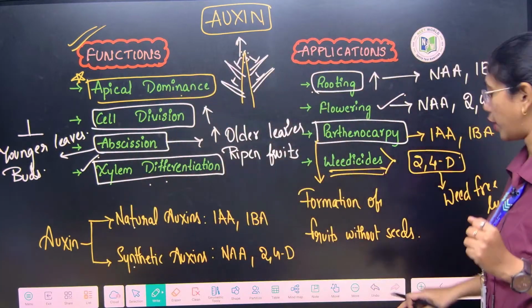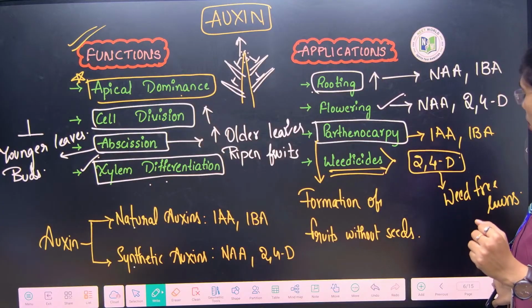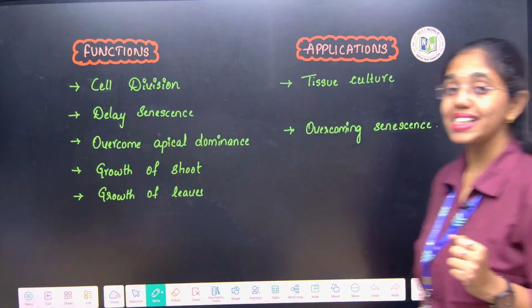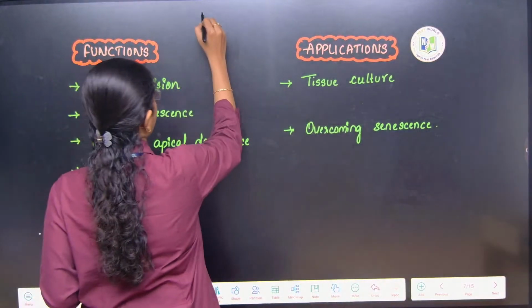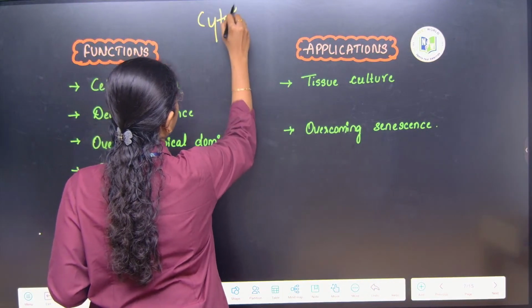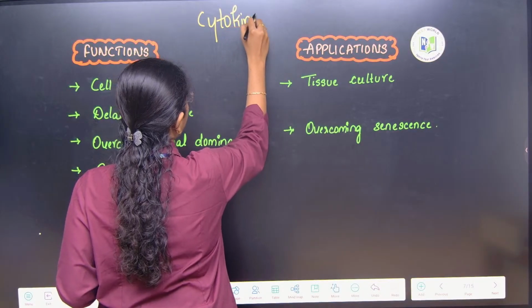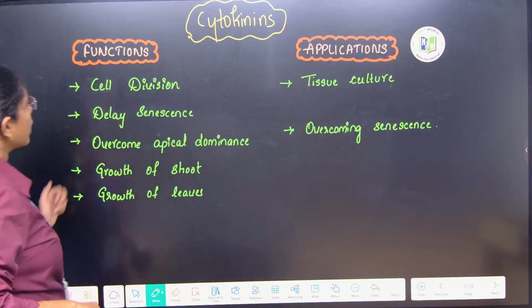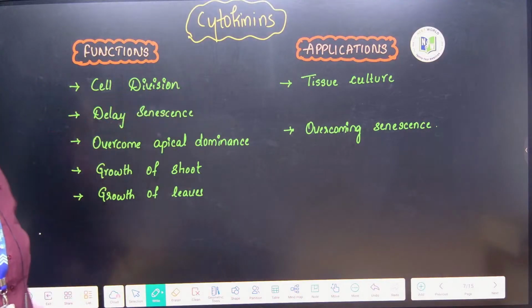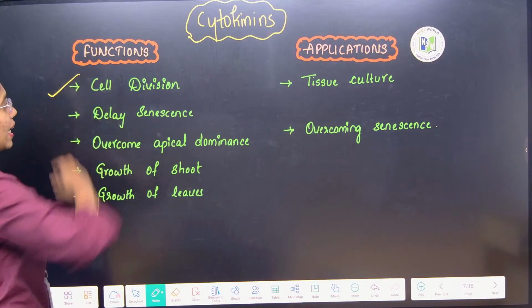applications of each phytohormone. Second phytohormone that we are going to exercise is cytokinin. Okay, cytokinin. Cytokinins. Okay, the major function of cytokinins is cell division.